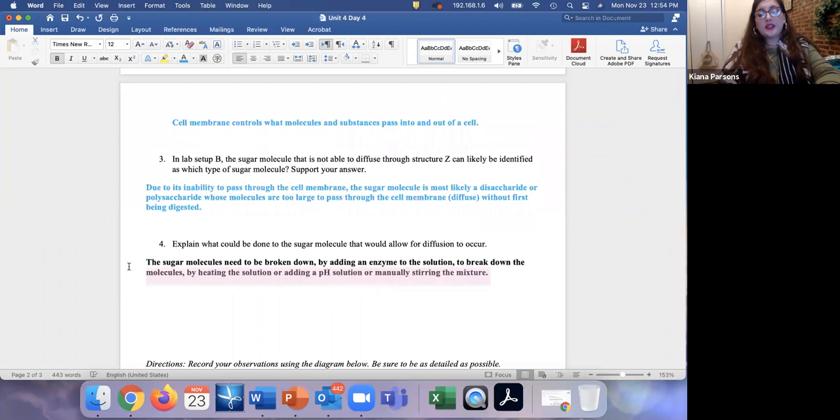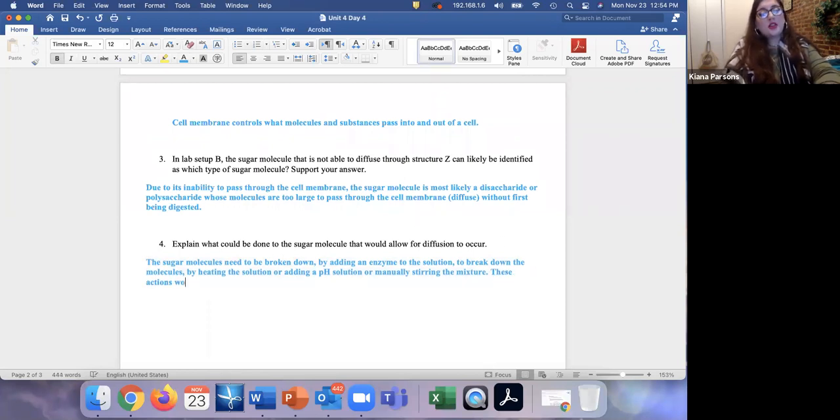So all of these actions would simulate digestion, which is what the human body does to allow polysaccharides and disaccharides to enter the cell.